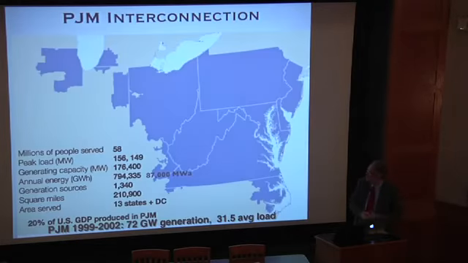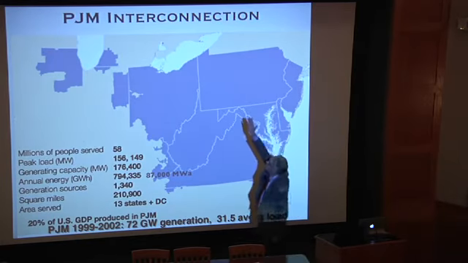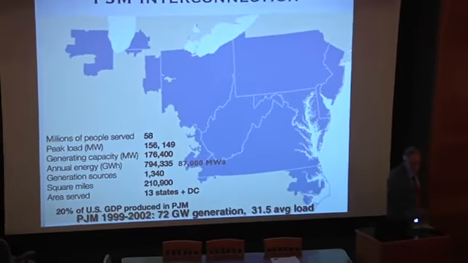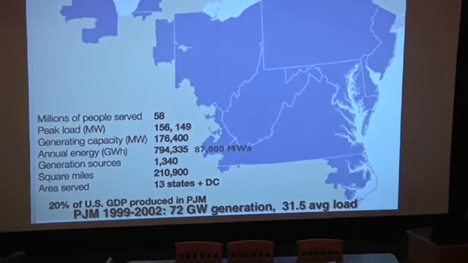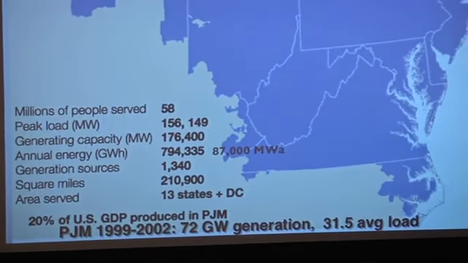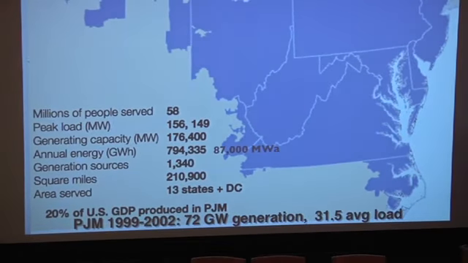So PJM is the RTO we're going to use. This is what PJM looks like today. The time that we sampled it, it was not quite as expansionary as it is in this picture. It's cut off about there. But this gives you a sense of scope. It's a big system.